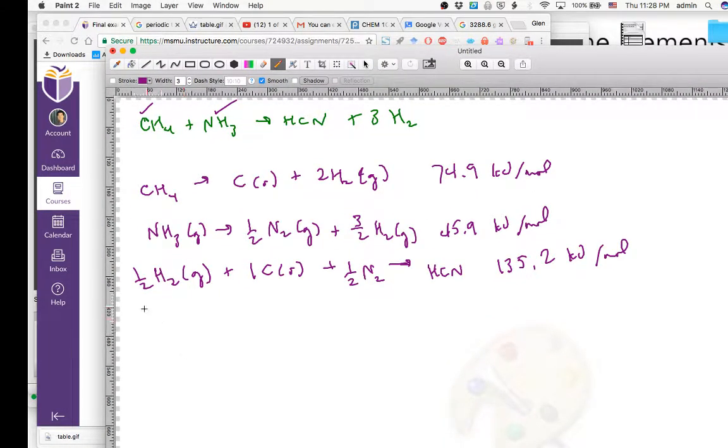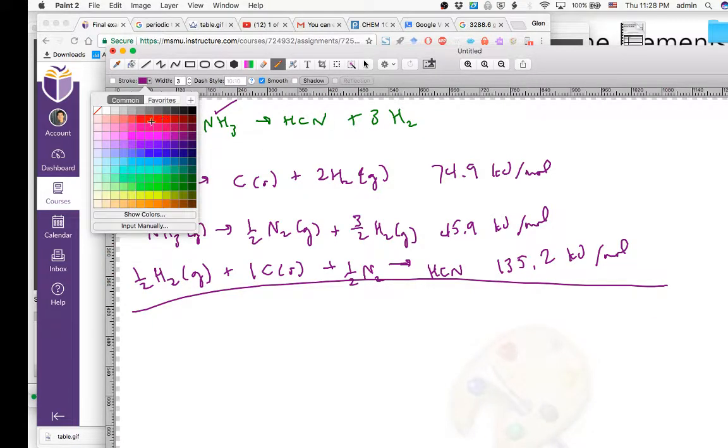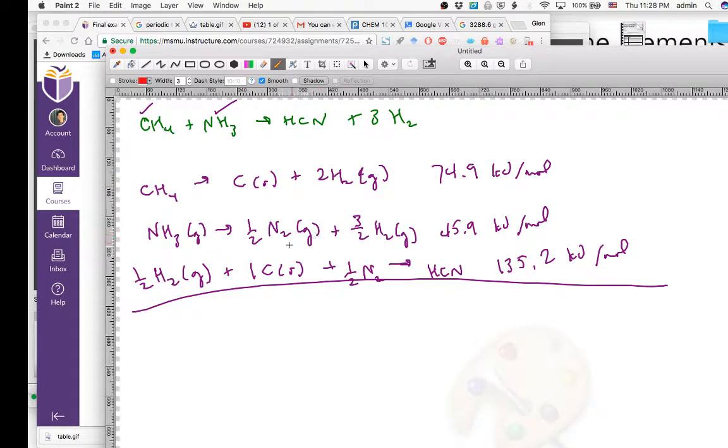All right, so let me verify that these all add up to the green equation. I see that I have N2 in the products over here, and I have N2 in the reactants over here. 1/2 of N2, 1/2 of N2. Here I have 3/2 of an H2, and 1/2 of an H2 over here, so 3/2 minus 1/2 is just 1 H2 gas. Here I have a carbon in the products, and here I have carbon in the reactants, so that gets canceled.